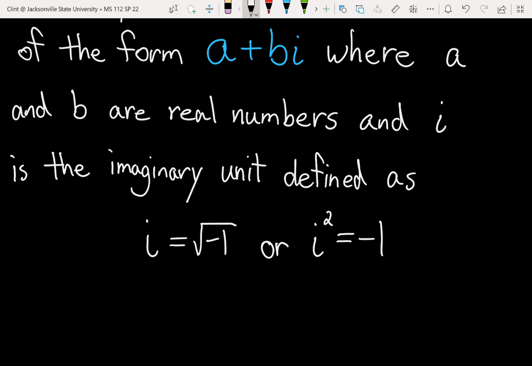But if you try -2 times -2, you get +4, not -4. We're only thinking about real numbers. Anytime we have the square root of a negative, that would be undefined. So what we're doing with complex numbers, we're saying, okay, instead of saying the square root of a negative is undefined, let's give it a definition. The definition we're giving it is anytime we have the square root of -1, we call that i.